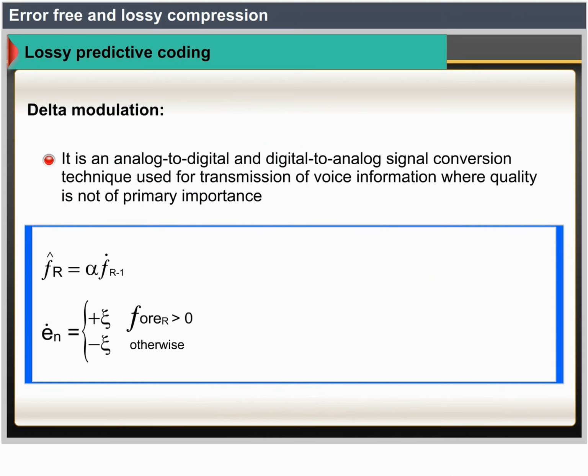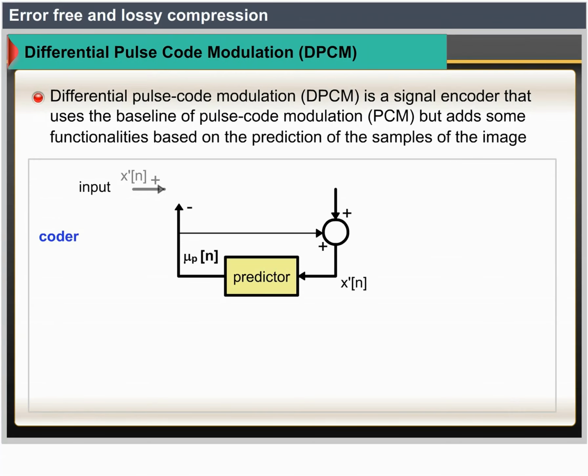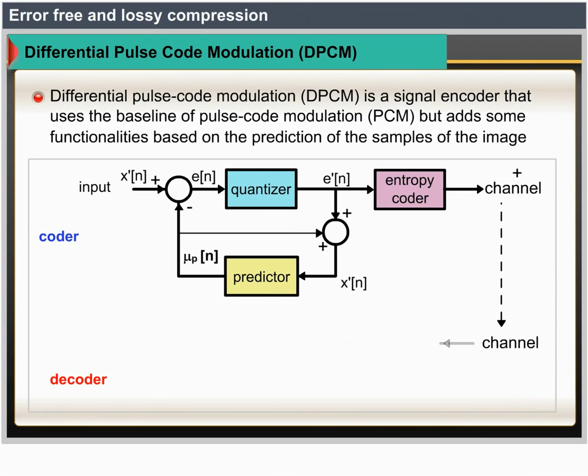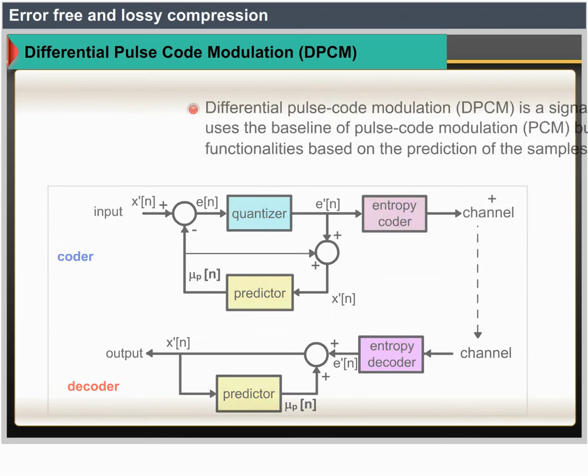Differential pulse code modulation (DPCM). DPCM is a signal encoder that uses the baseline of pulse code modulation (PCM) but adds some functionalities based on the prediction of the samples of the image. The encoder and decoder block diagrams for the differential pulse code modulation are shown. The input can be an analog or a digital image.